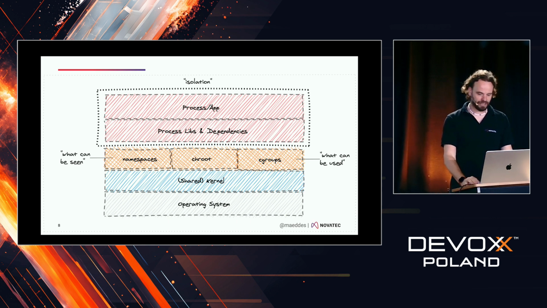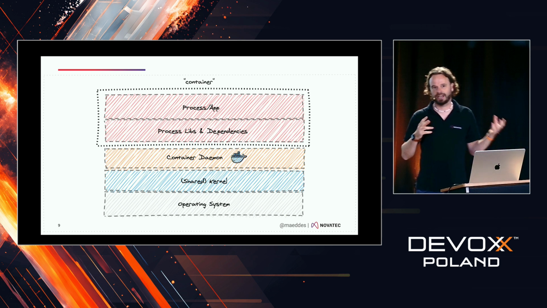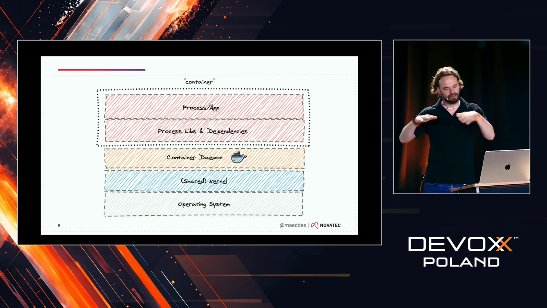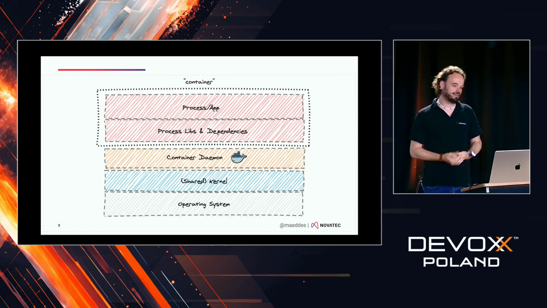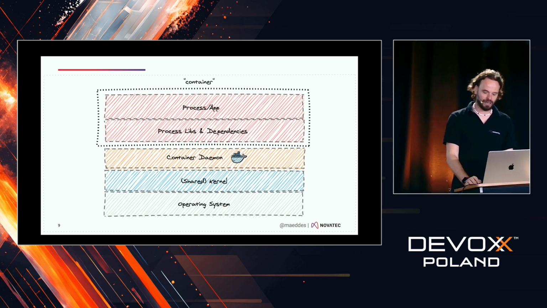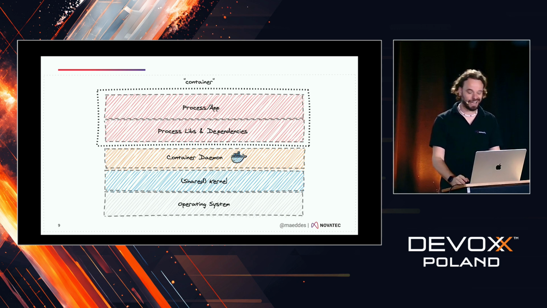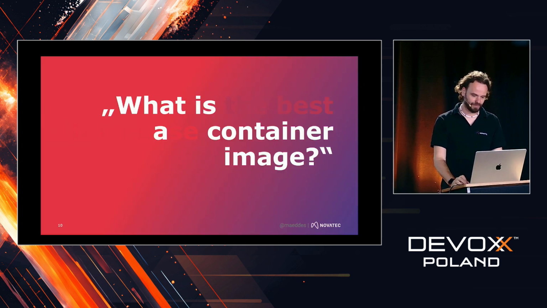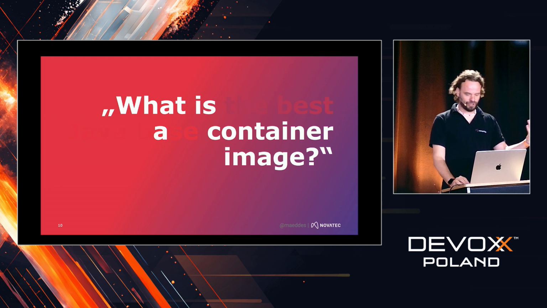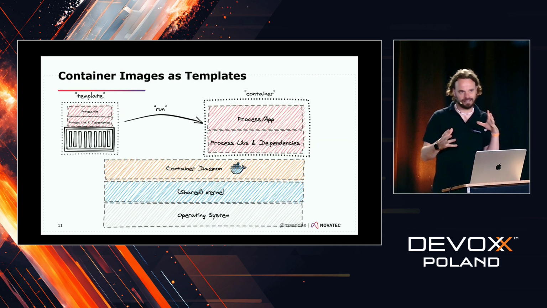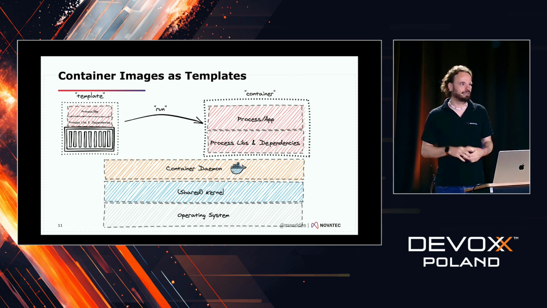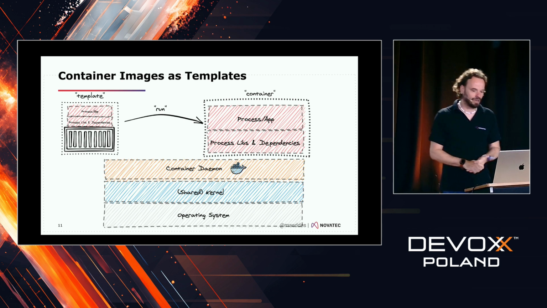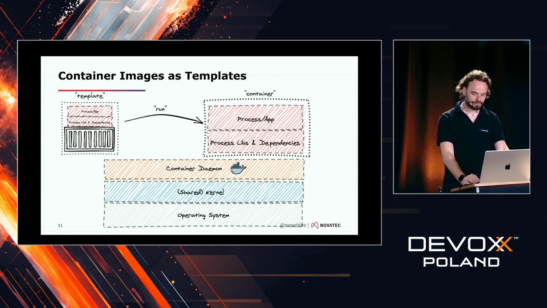Normally, people don't really interact with that. They interact with a container daemon like Docker that abstracts all that low-level stuff away. But on top of that, there is still that container thing, which, as the name says, contains all the things that are necessary. So a container image, what we're looking at today, is that template that can be taken by a container daemon and then turned into a running container.